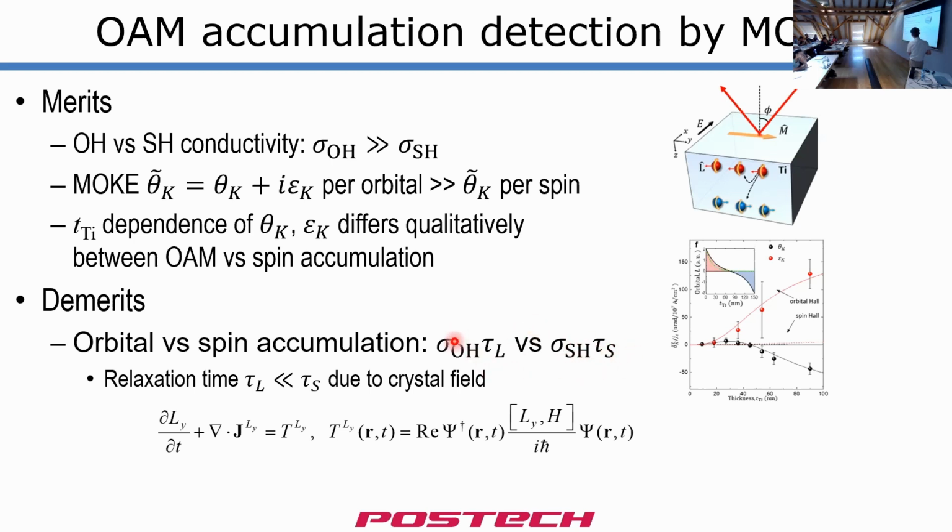Now here, conductivity is much larger for orbital response, but for relaxation time, the spin has a much larger relaxation time because here spin-orbit coupling is very weak. Whereas the orbital relaxation time is suppressed by the crystal field. So this crystal field partly reduces the margin between orbital response and spin response.